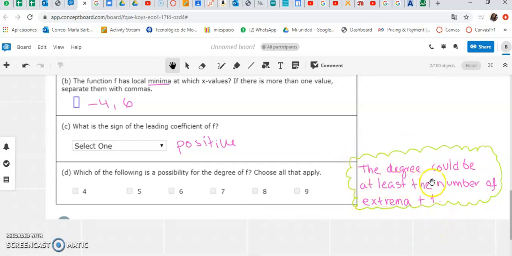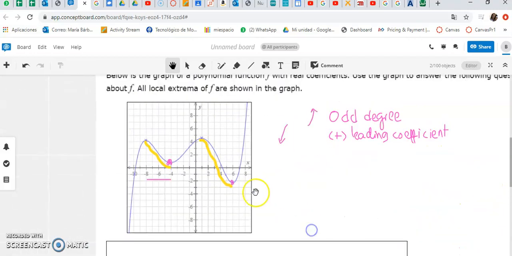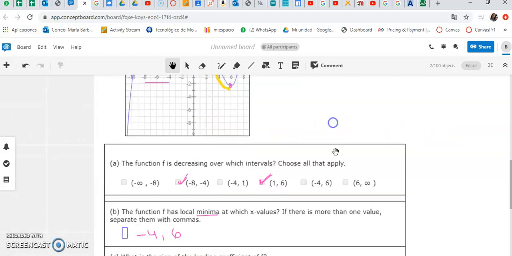It says, the degree could be at least the number of extrema plus 1. And remember, how many extrema do we have here in the graph? Here we have a maximum and then a minimum. So we have 1, 2. Then again another maximum, 3, and the minimum, 4. So we have 4 extrema in the graph.